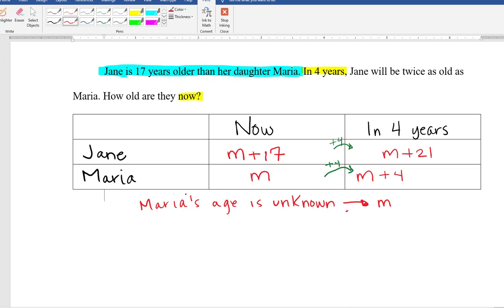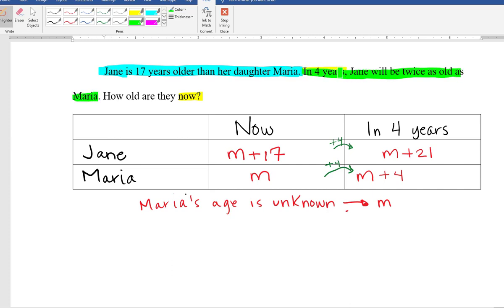Okay, it doesn't look like this is very helpful, but it actually is. That information we got just from the first sentence, Jane is 17 years older than her daughter Maria, and the fact that we also need information about their ages in 4 years. Now we're going to use the rest of this sentence. Jane will be twice as old as Maria.